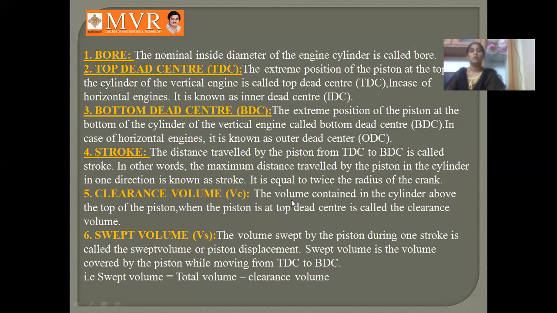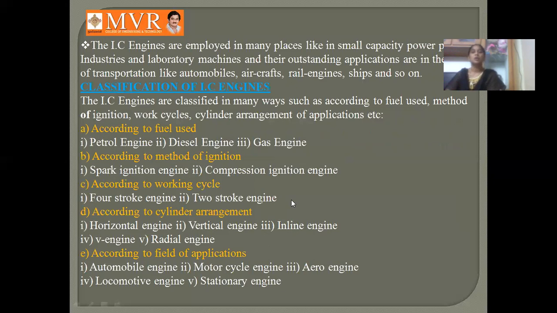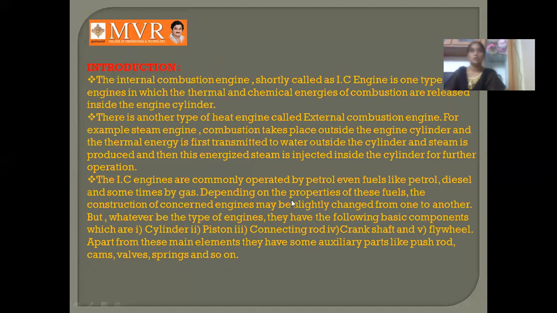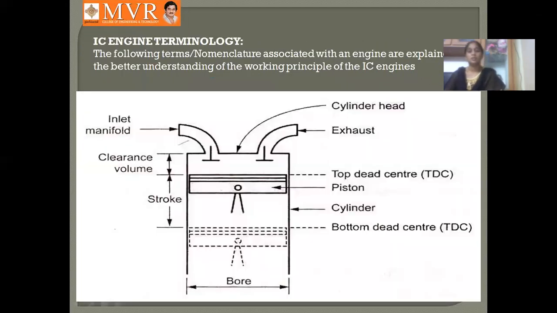What we have discussed up to now are the terminologies used in IC engines and the classifications of IC engines. After that, the different terminologies used in IC engines like TDC, BDC, stroke, bore, cylinder head, compression ratio, clearance volume, swept volume.